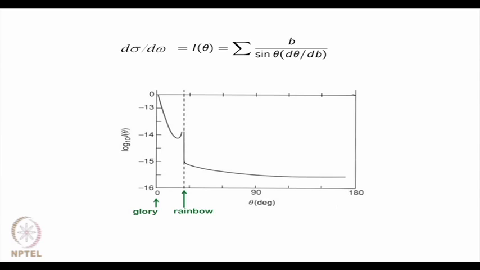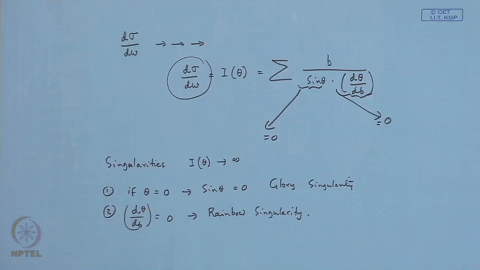One is glory, another is rainbow. These are the two situations in d sigma d omega, and the physical significance is that we obtain the rainbow when d theta dB becomes 0. If you want more details, you can consult the textbook by Raphael Levine.